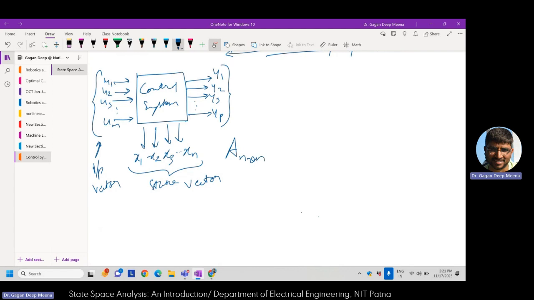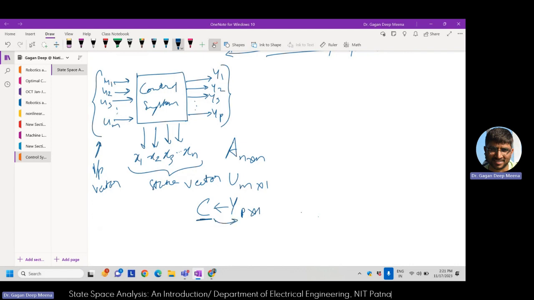Your U would be an input matrix of m cross 1. Your output matrix Y would be of order p cross 1. And the matrix for the outputs is your C matrix.